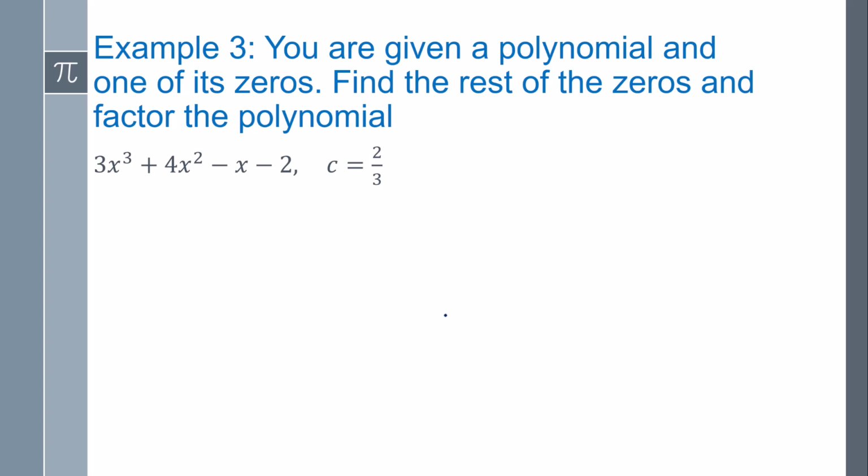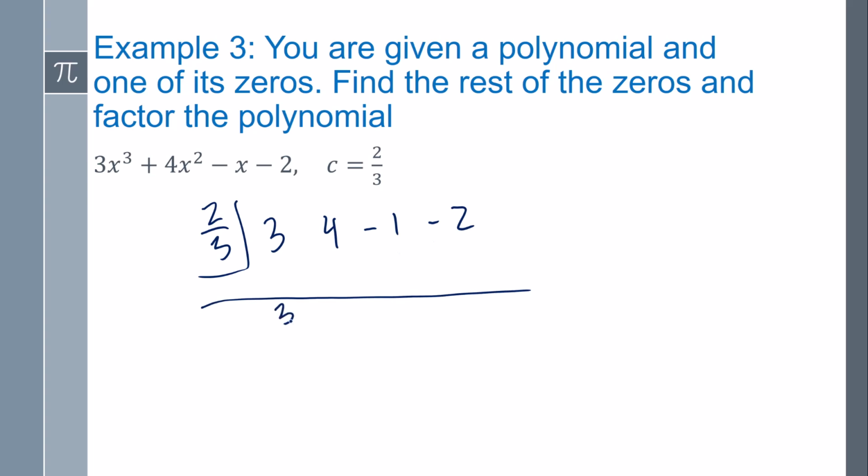Look at this next one. Now you're thinking, ooh, fractions. Whenever you get a fraction and you have to use synthetic division, it works itself out. So 2/3 in the box. I have 3, 4, negative 1, negative 2. Add straight down. Now multiply. Well, 3 times 2/3 cancels out, so I'm left with 2.